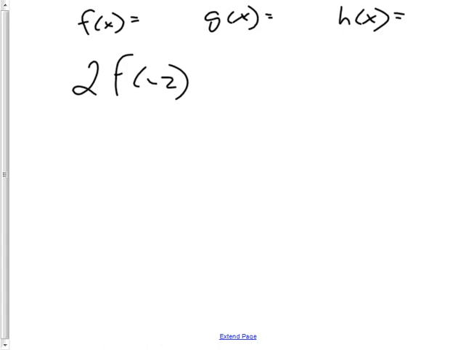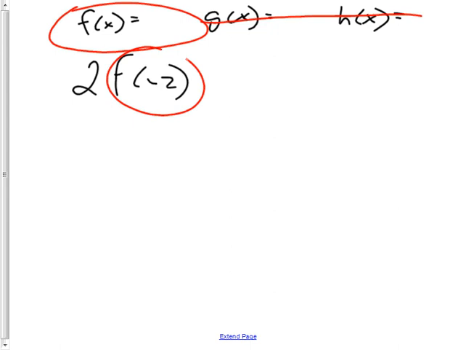So when they say 2f of 2, right away I can narrow it down to I only care about the f function. The other ones I don't care about. This is an f function, not a g or an h. Okay, so that's the first thing. The next thing is I need to figure this out first, and whatever that answer comes out to, I'm going to times by. Okay, that's how you do that.